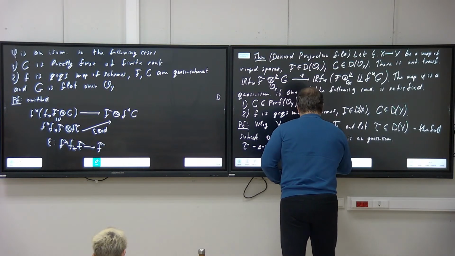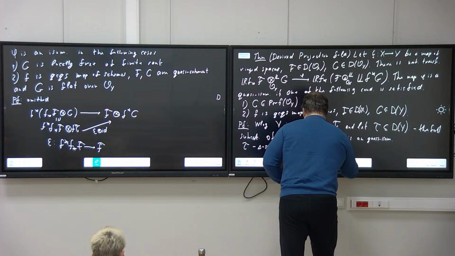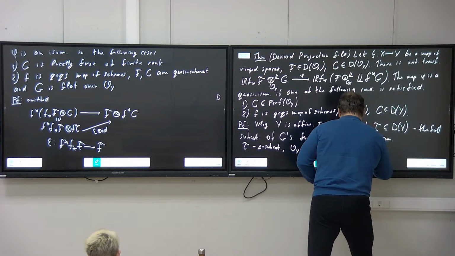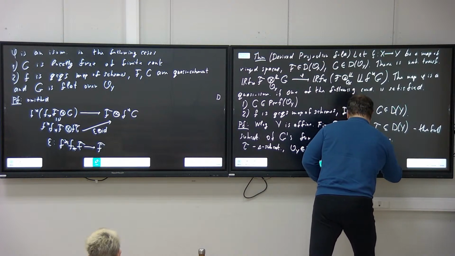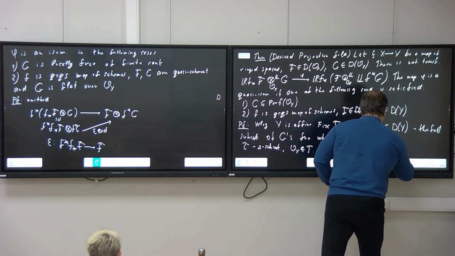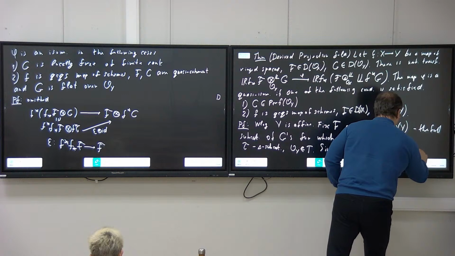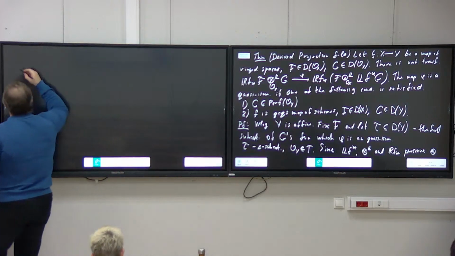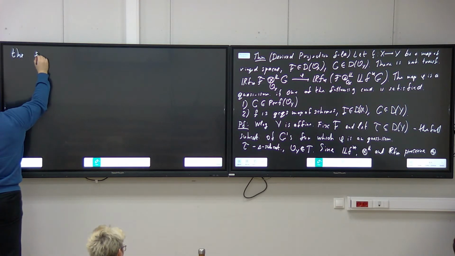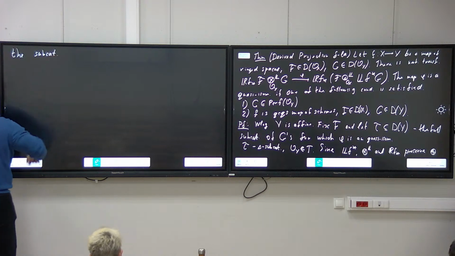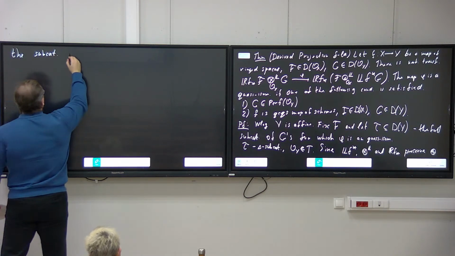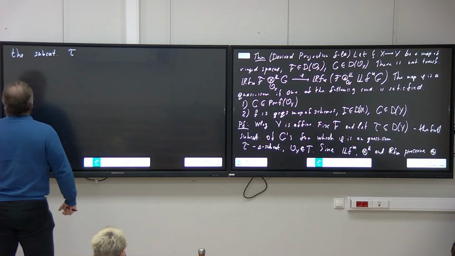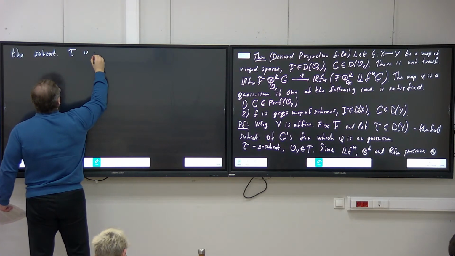So let me write it like this: since derived pullback and tensor product, and, as we saw before, derived push forward preserve direct sums, coproducts. We need this on the right-hand side. So the subcategory T is localizing.